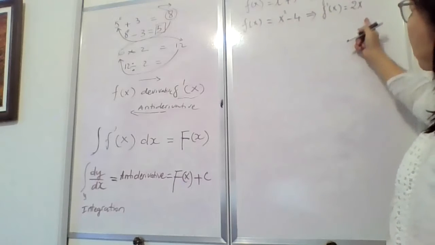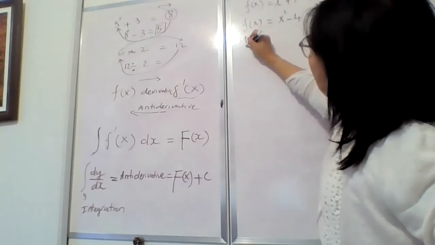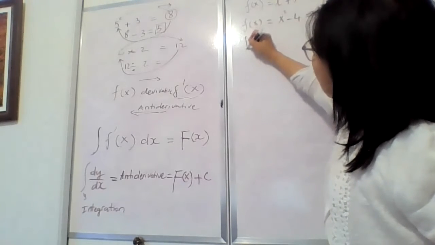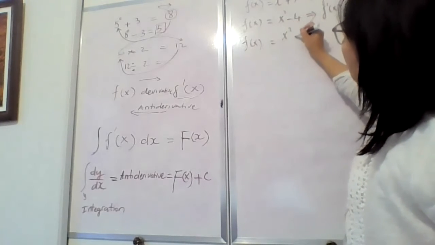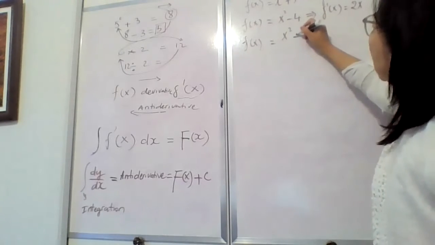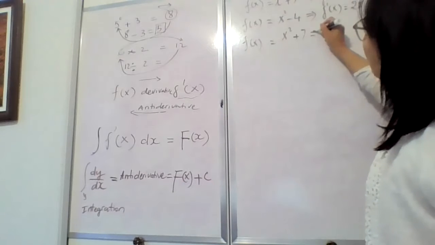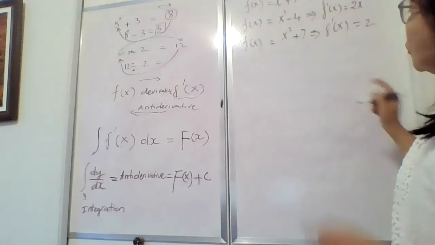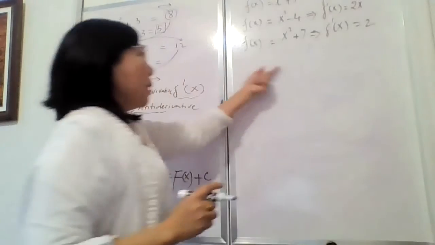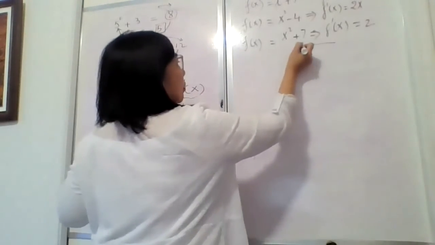Minus 4 will be 0. So let's say you have a function x squared plus 7, what does it become? 2x.